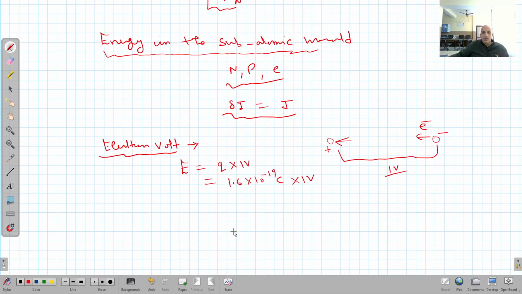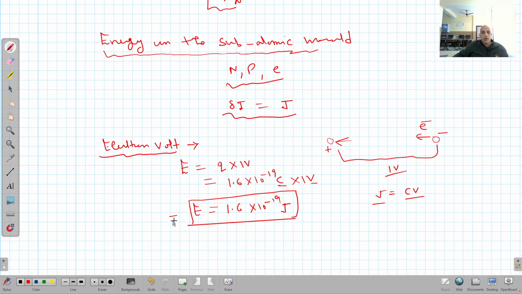Because coulomb volt is equal to joule in terms of dimensions, joule is equal to coulomb volt, they have the same dimensions. So I can say energy is equal to 1.6 into 10 raised to power minus 19 joule. This energy is called 1 electron volt of energy.